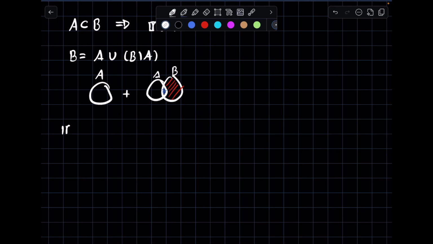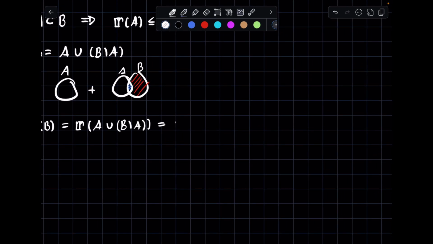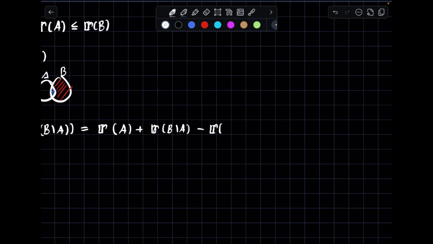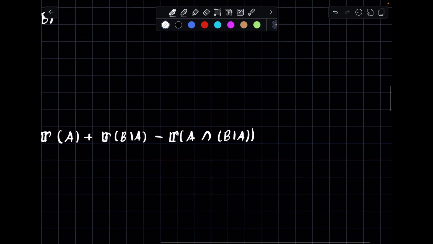Now we take the probability of everything. It's going to be equal to the probability of A union B not A. And we know that for a fact, as you saw in the last video, it is going to be PA plus P of B not A minus probability of A intersection of B and not A. Now, B and not A, simply put, let's just see an example here.